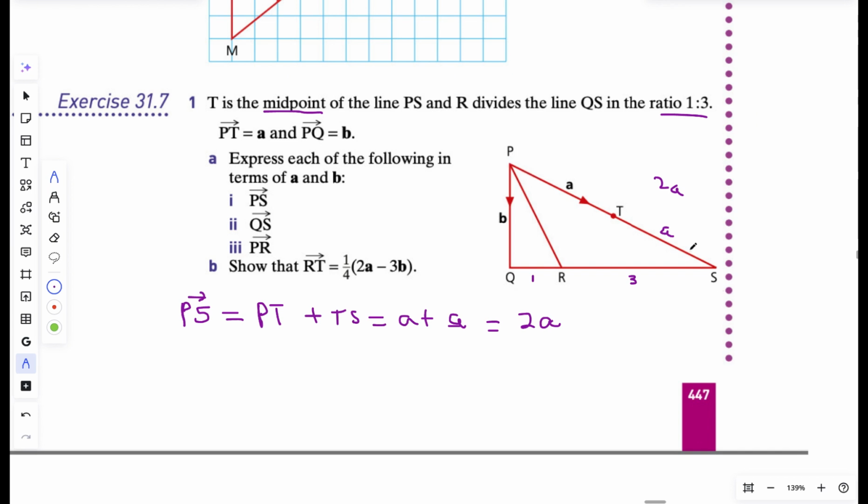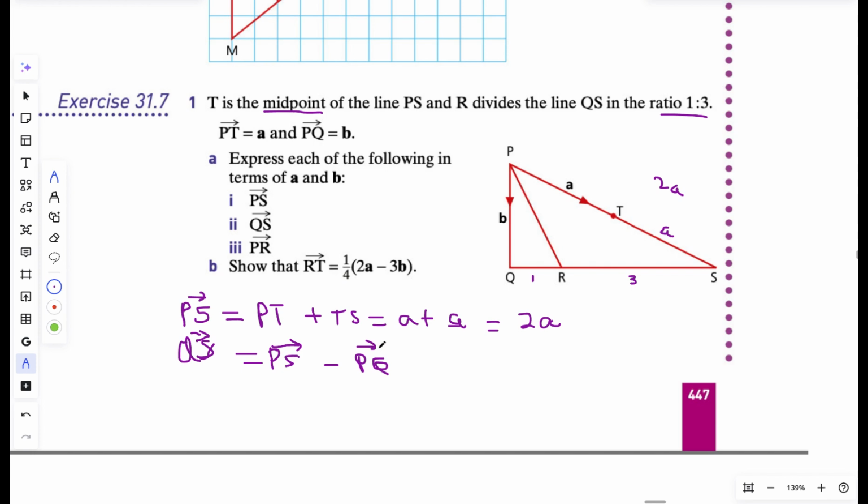You have PS, so let's write vector QS, which is equal to vector PS minus vector PQ.